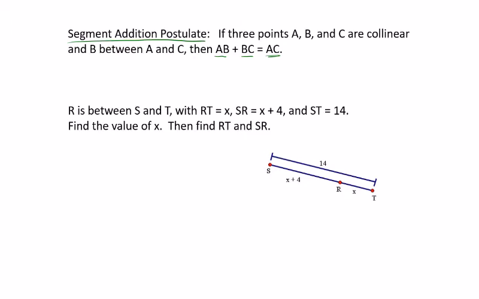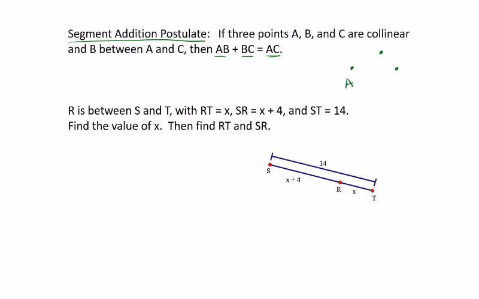So in other words, if I have this segment and this segment, and I add them together, I get the total, right? It sounds pretty self-explanatory, or hopefully intuitive, but the reason it might not be so obvious is that sometimes you could have 3 points that are not collinear, right?